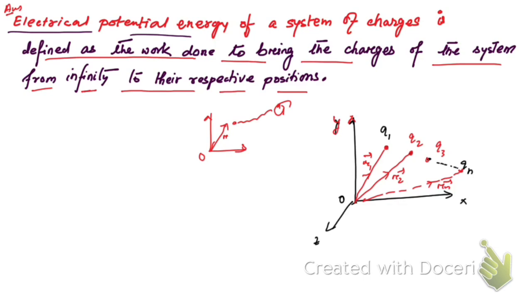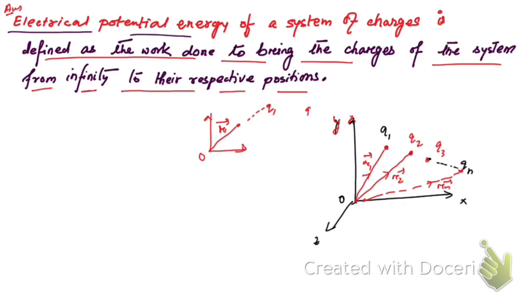As initially there was no electric charge, there is no electric field, and as there is no electric field, we don't need to do any work to bring q1 from infinity to r1, right?